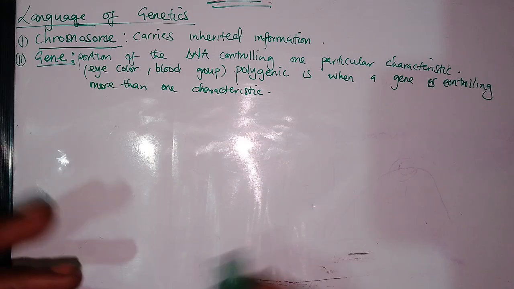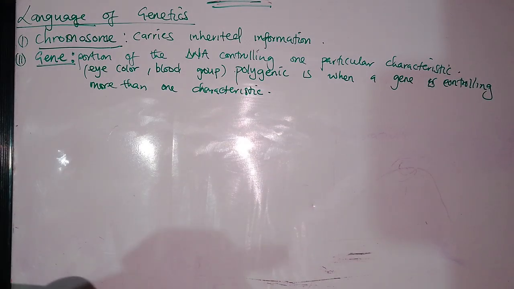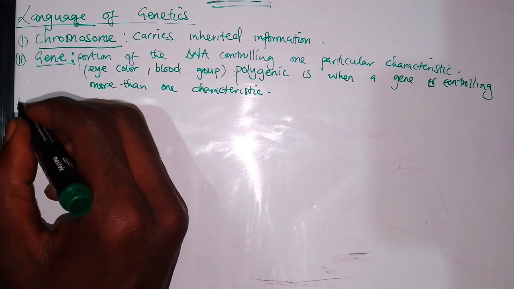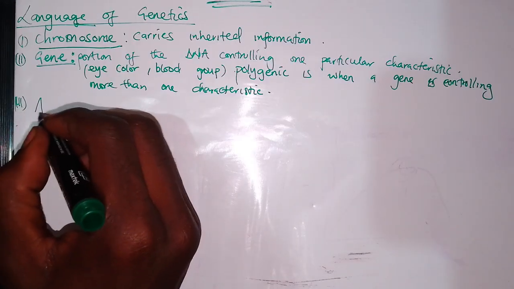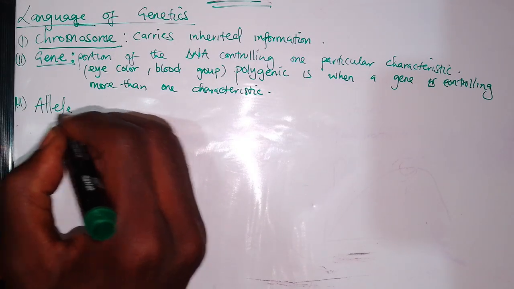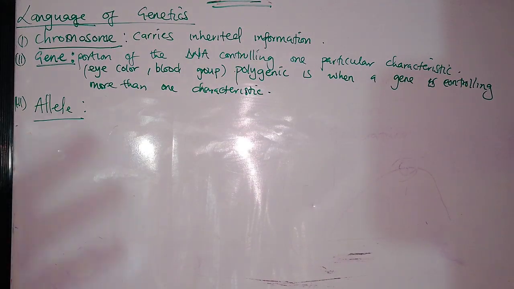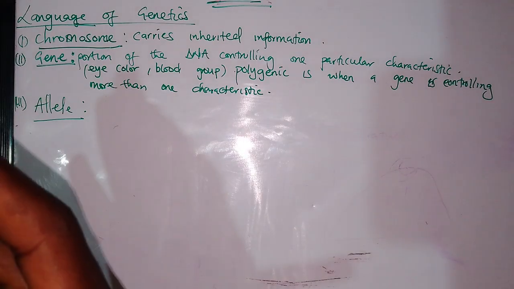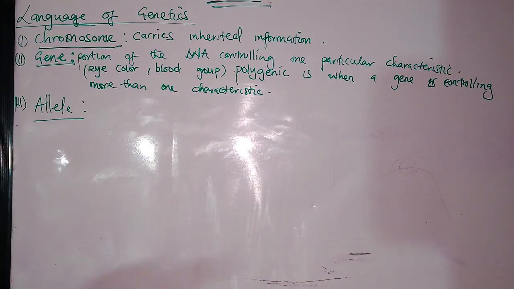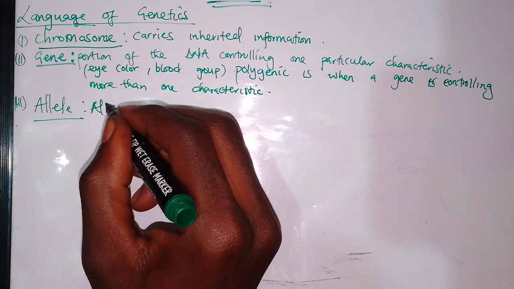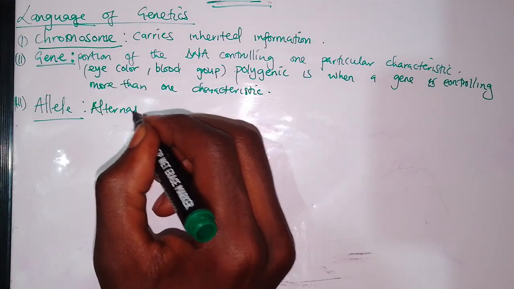Then our next term which you need to understand is an allele. What do we mean when we say an allele? An allele is just an alternative form of a gene.